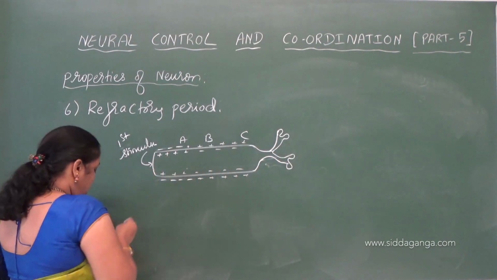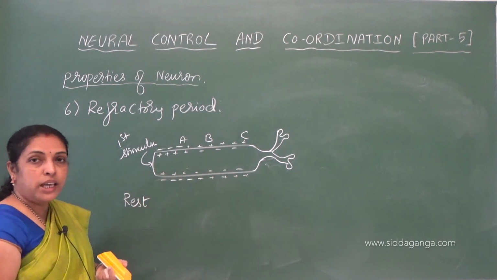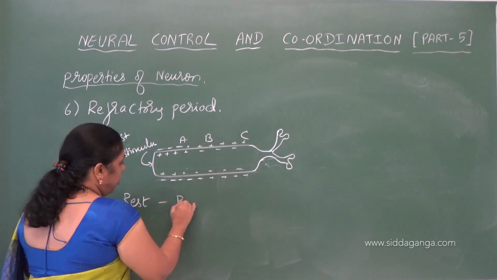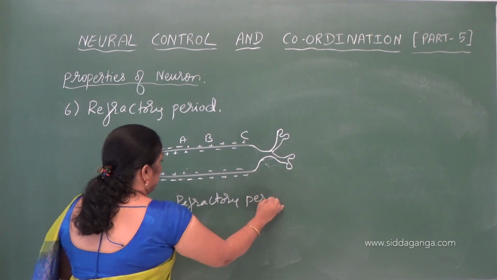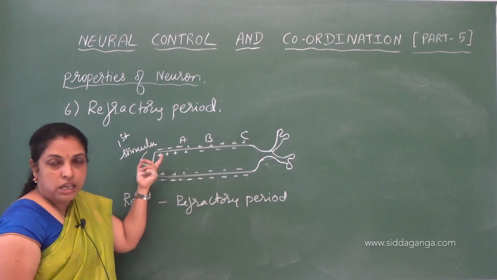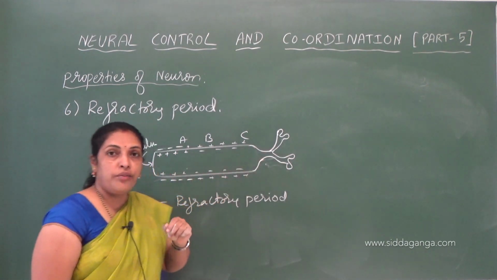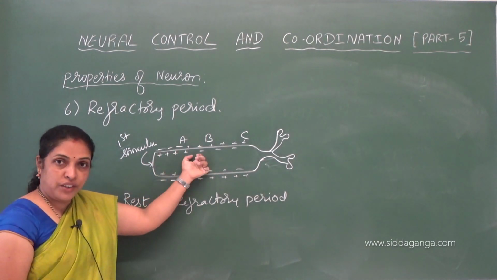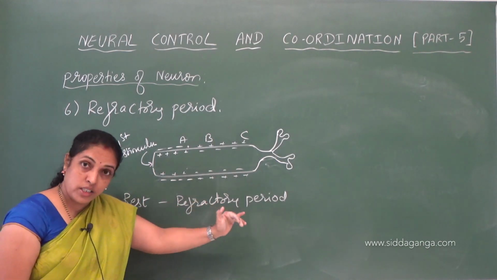Immediately after conduction of the impulse, the nerve will go through a period of rest called the refractory period.